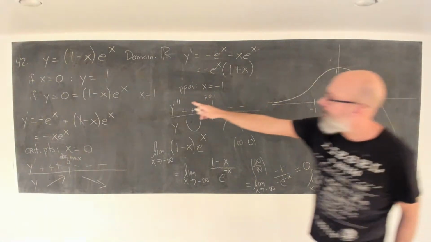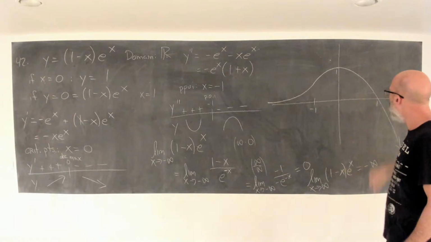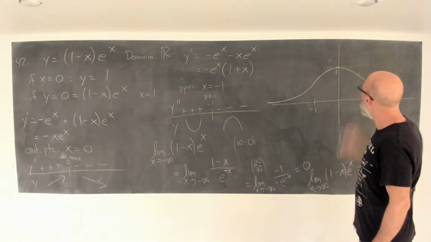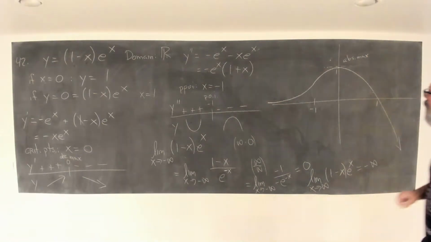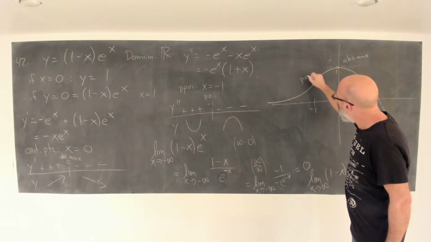We cross the x-axis when x is 1. We have an absolute maximum here of 1. And we had a point of inflection right here.